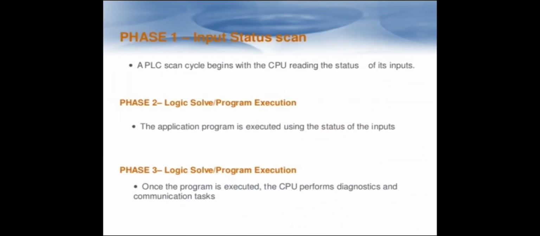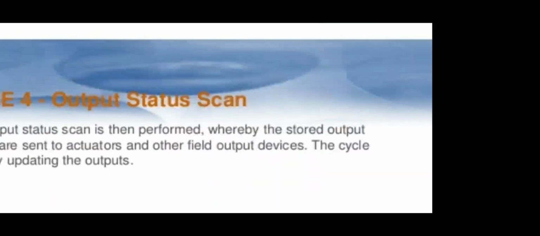First is the input status scan. A PLC scan cycle begins with the CPU reading the status of its inputs. Then, second, the application program is executed using the status of the inputs. Then the third phase is, once the program is executed, the CPU performs diagnostics and communication tasks.